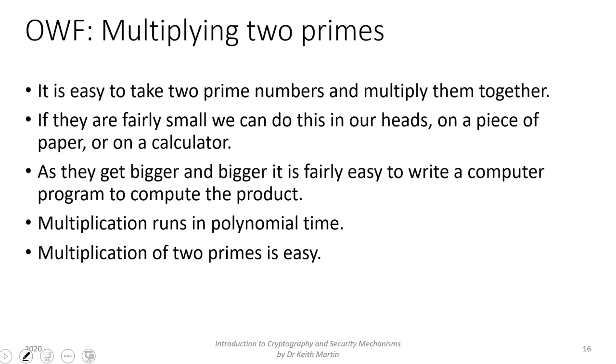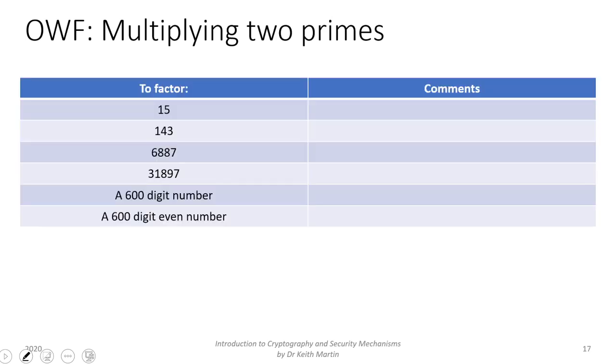But if we only know the final result, getting the original two numbers would be difficult. For 15 it is easy. For 143, maybe if we spend a bit of time. But as we go further and further, it would become more and more difficult, and at some point it would be impractical for computers also.